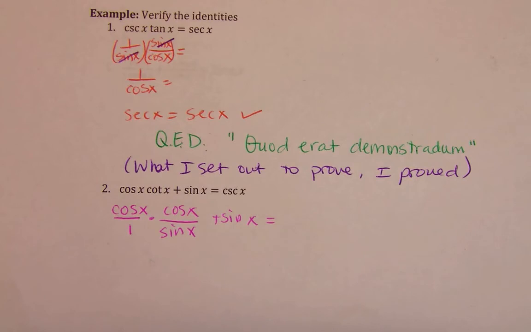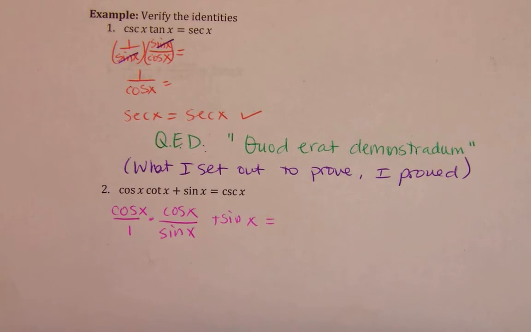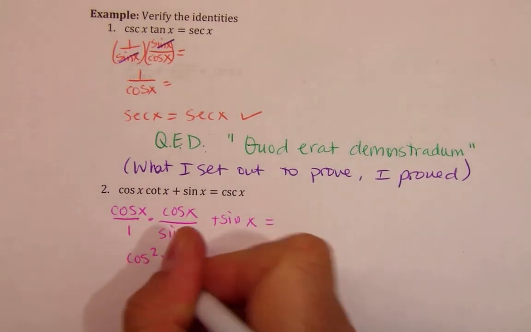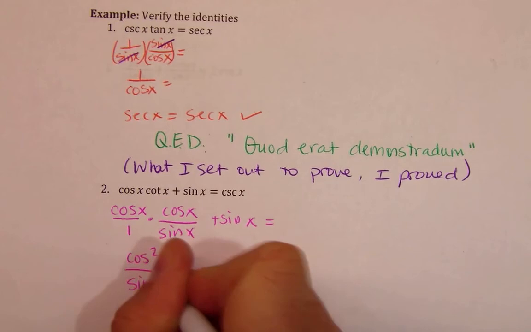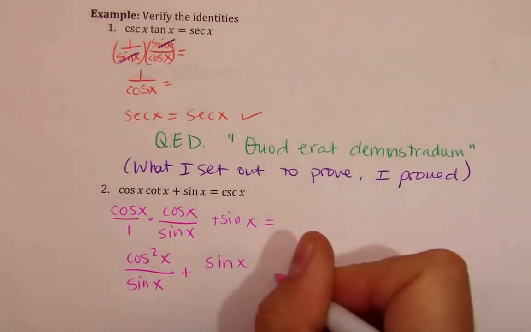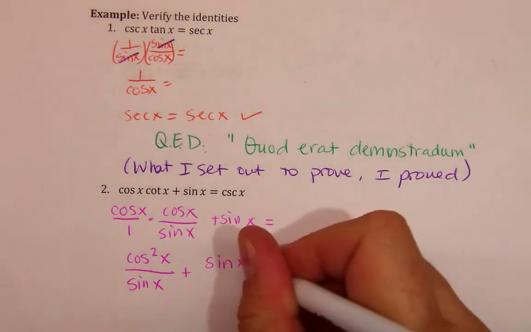And again, I'm only working on one side of the equation, and I'm just using my identities to see if I can make this side look like that side. Well, now I have cosine squared x over sine x plus sine x equals cosecant x, and we're still not there yet. But what I can do is I can multiply by something on top and bottom.